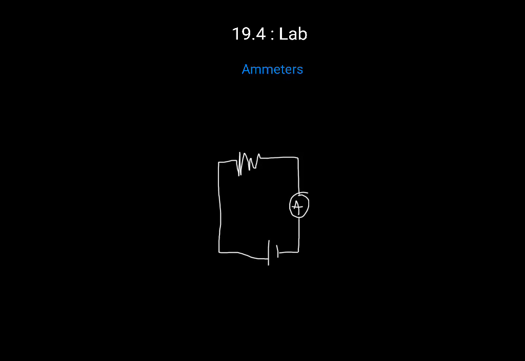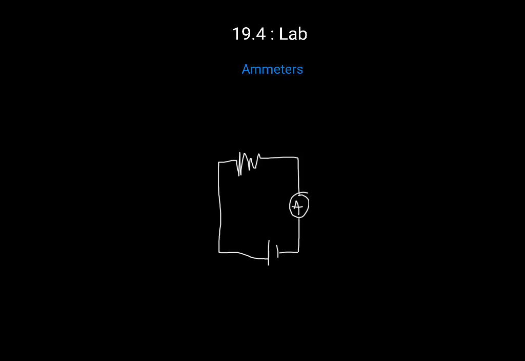Because with series circuits, all of the current at every point in the series is the same, the current that's going to be going across this resistor will be the same as the current flowing through the ammeter. And so we put them in series because this is the arrangement that gets us the same current. So for ammeters, if we're trying to figure out the current, we put them in series with our circuit.